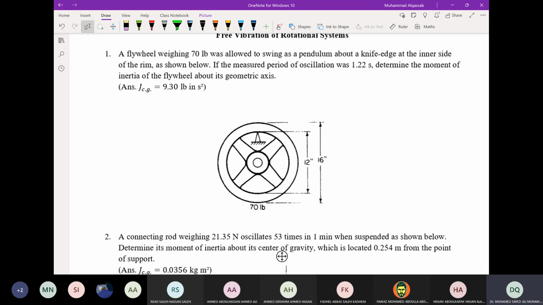This is hollow, and this is hollow, hollow, and hollow. So you can put the wheel on a knife edge, and then allow it to oscillate. This is the equilibrium position. If you draw the center line, this is the equilibrium position.